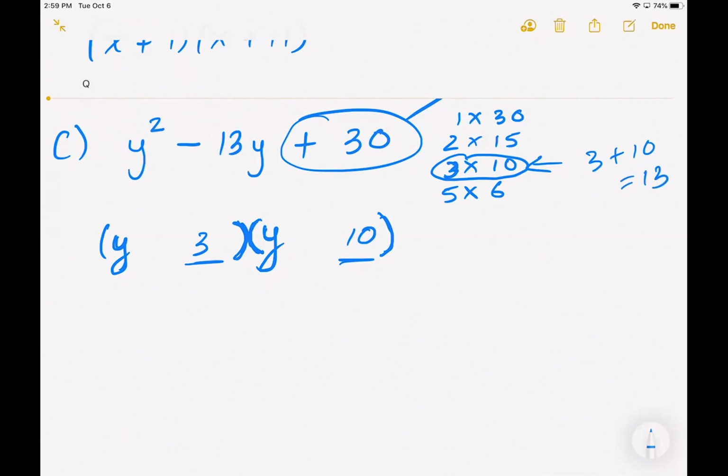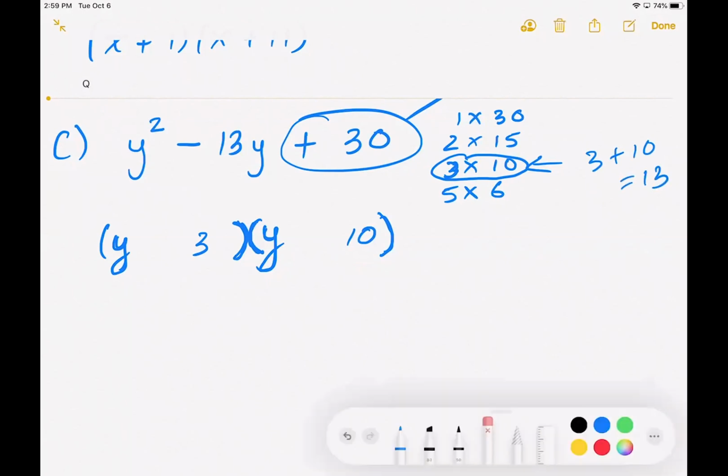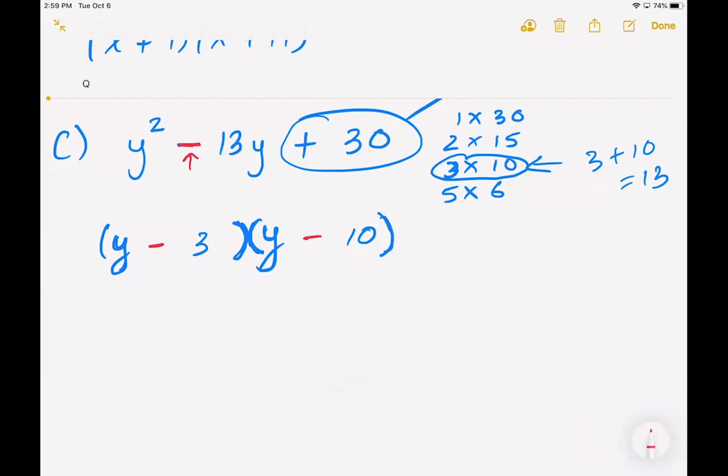Again, it's not 15 minus 2. We haven't thought in terms of any subtraction. We think in terms of addition, so the only numbers we have are 3 and 10. Remember the signs in this item? Because the middle term is negative, they will both be negative.